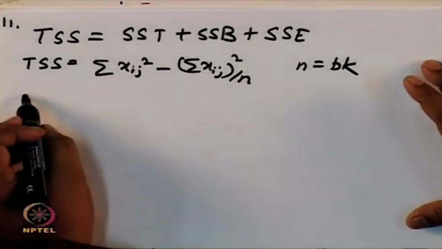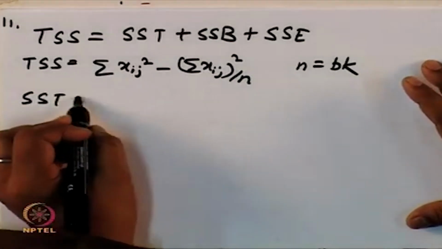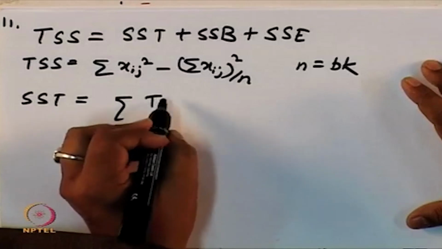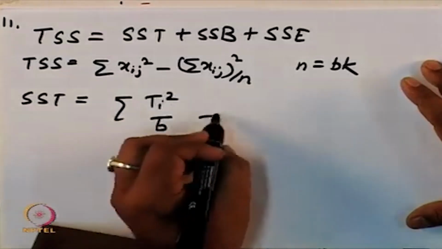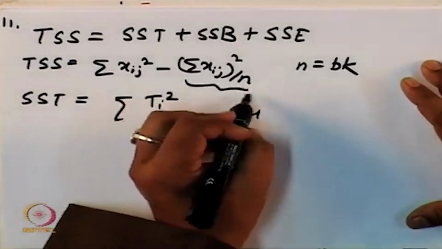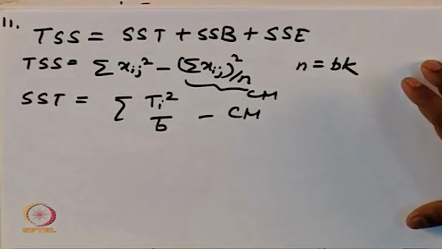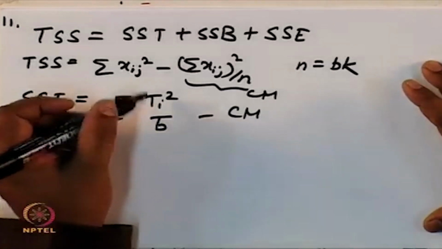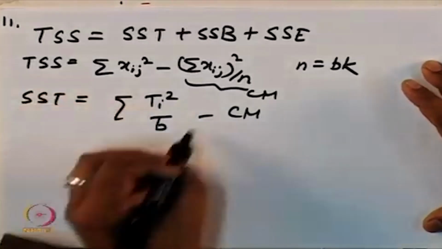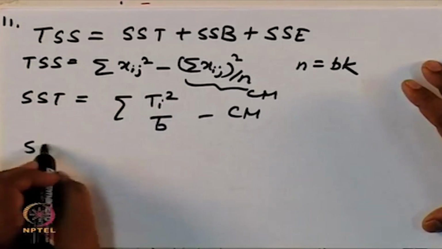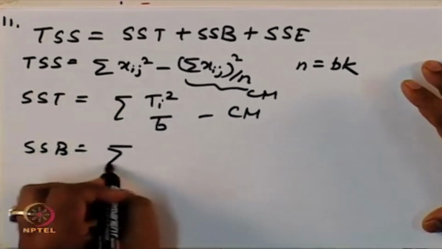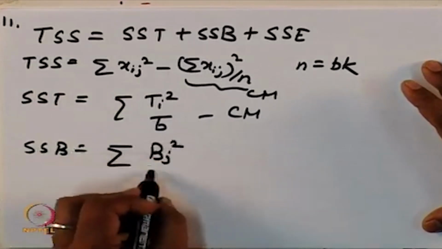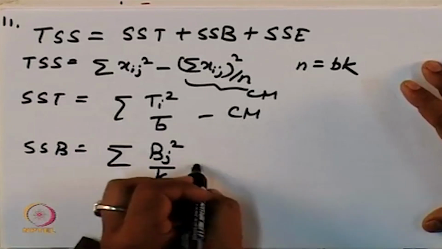You can write down the expression of SST is equal to summation Ti square by b minus Cm. So, this is also called Cm. There are b blocks, for each block you have these many treatments, so you average over that. And SSB is given by summation of Bj square by k, where k is the number of blocks.